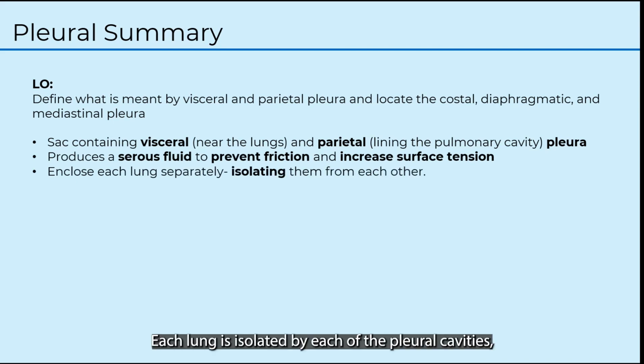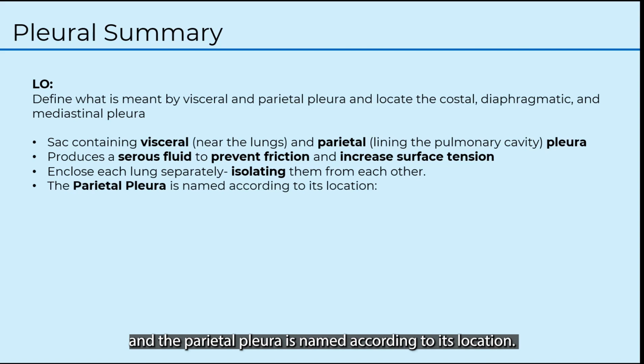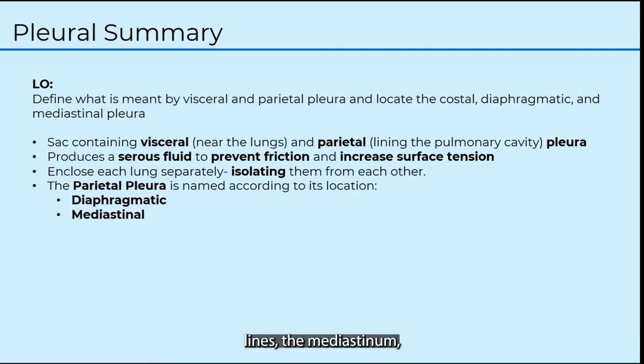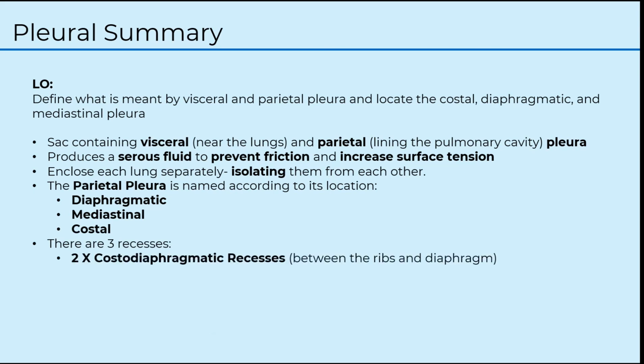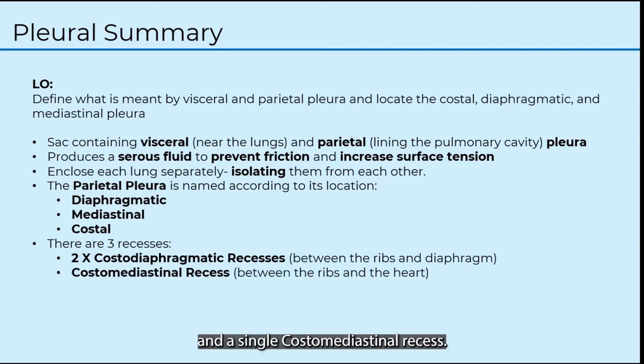Each lung is isolated by each of the pleural cavities, and the parietal pleura is named according to its location. Diaphragmatic lines the diaphragm, the mediastinal lines the mediastinum, and the costal pleura lines the ribs. There are three recesses, two costodiaphragmatic recesses, and a single costomediastinal recess.